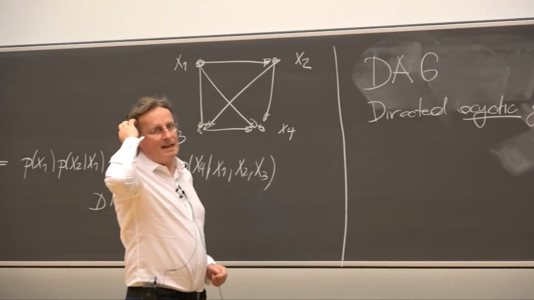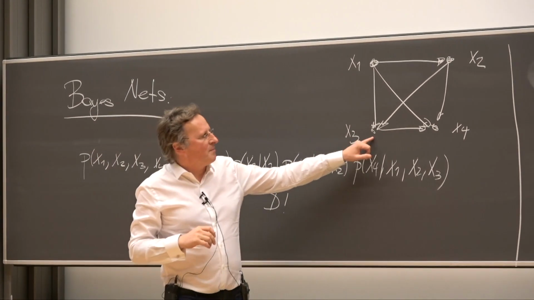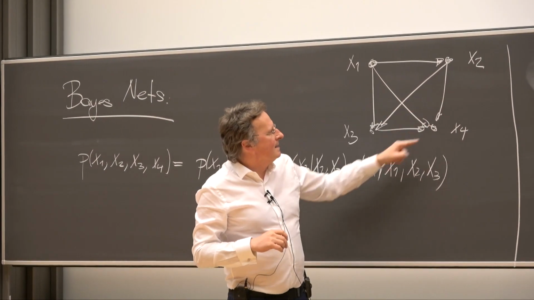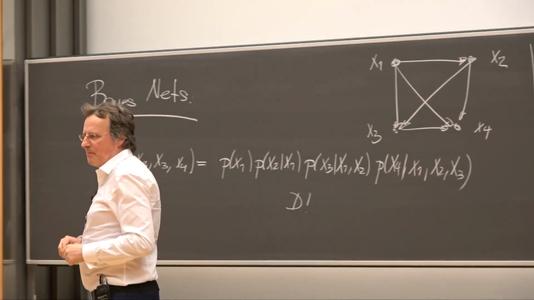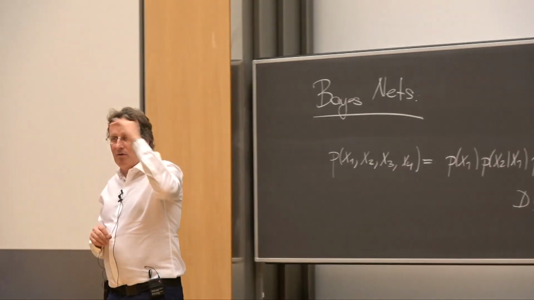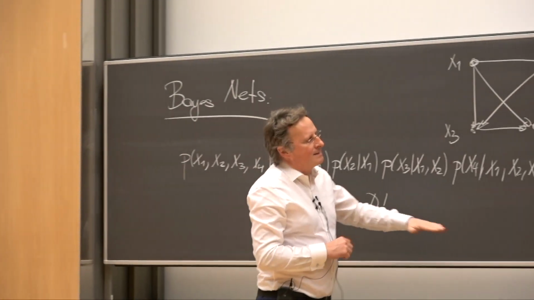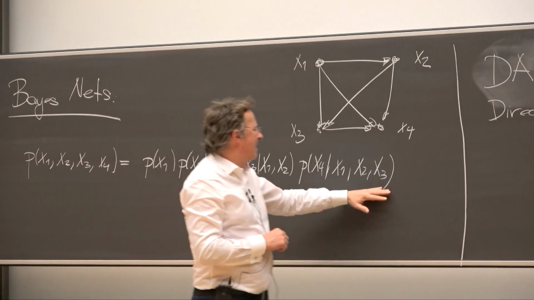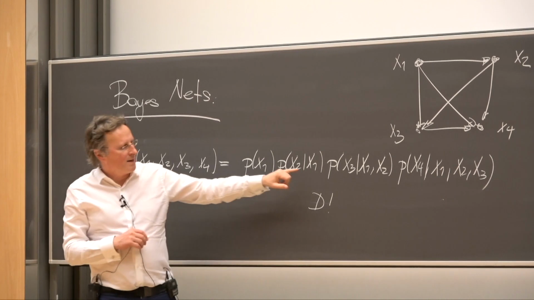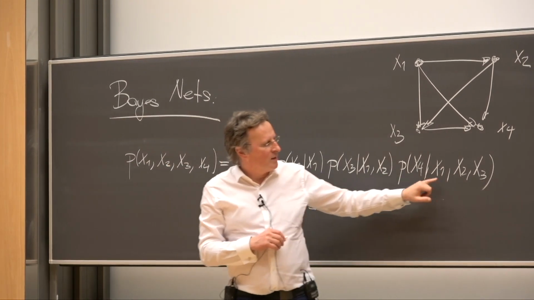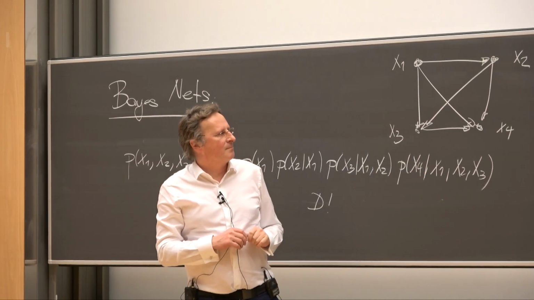If it's acyclic, then it does correspond to a probability distribution. Remember what it means to be acyclic: you cannot go on a path that closes up on itself in the direction of the edges. So any directed acyclic graph corresponds to some such factorization, with possibly some of these parents missing.